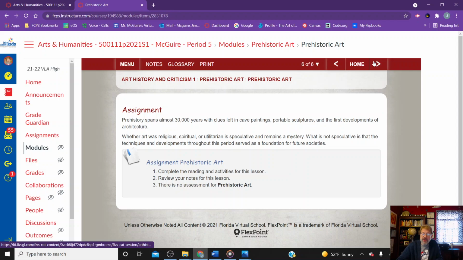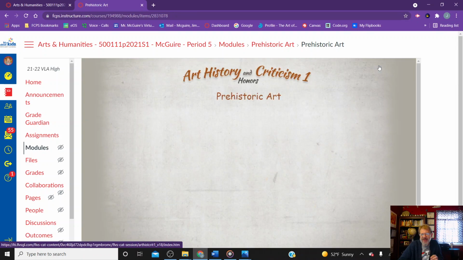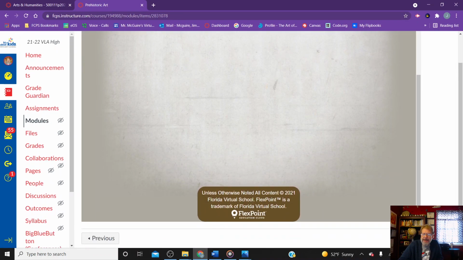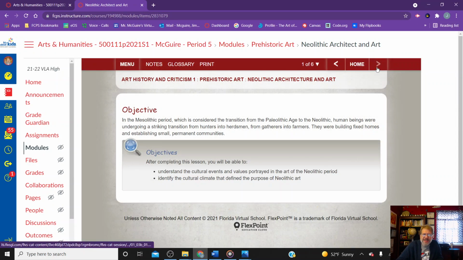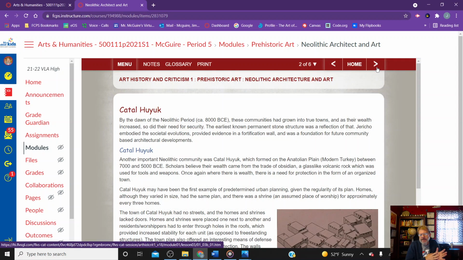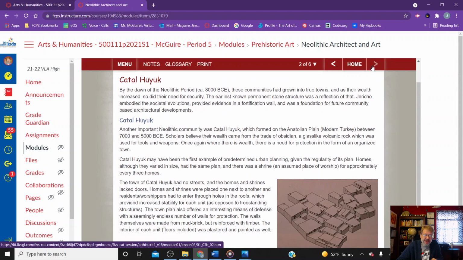Some of the stuff that you may not feel like you need as firm an understanding of might be from the prehistoric period. That is, might be some of this architecture-related stuff, the city.